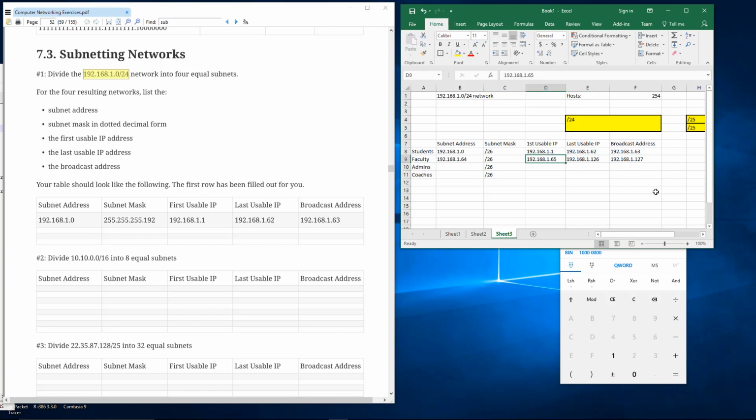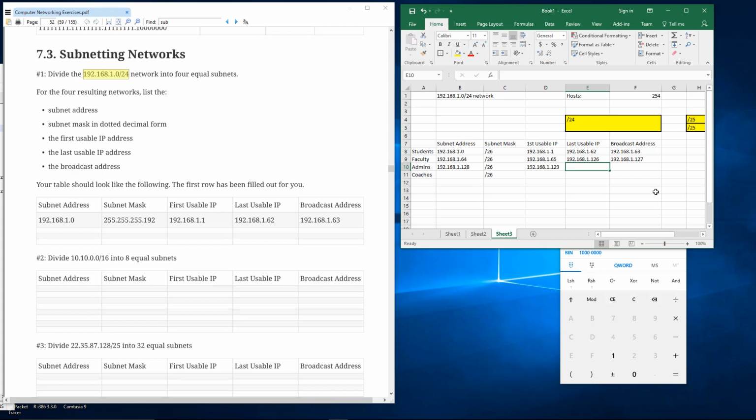Okay, so I take that 127, I add 1 to get the beginning address of my next network, 192.168.1.128. The first usable IP address is just going to be that subnet address plus 1, 192.168.1.129. I add 62 to that 128.